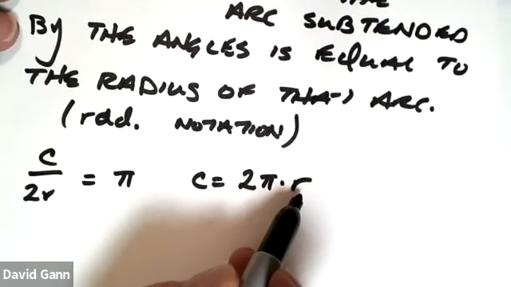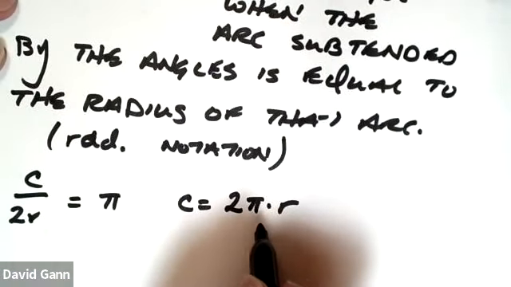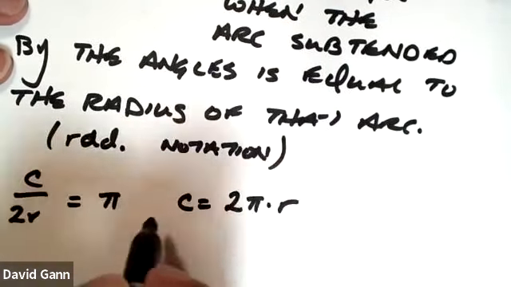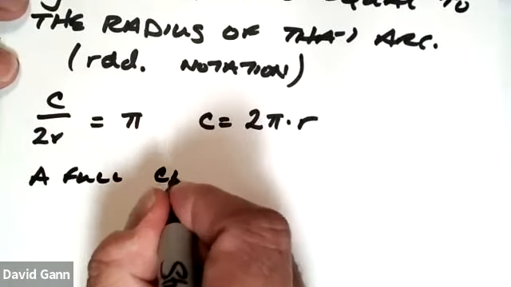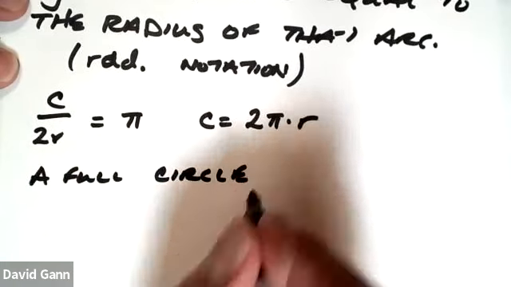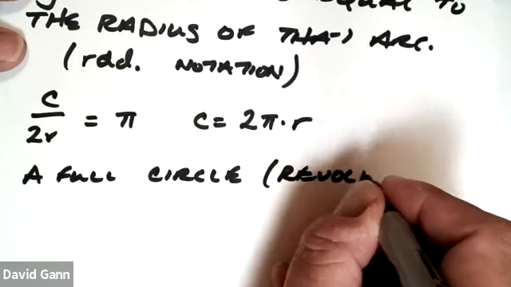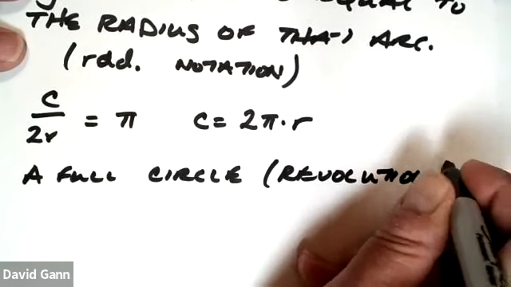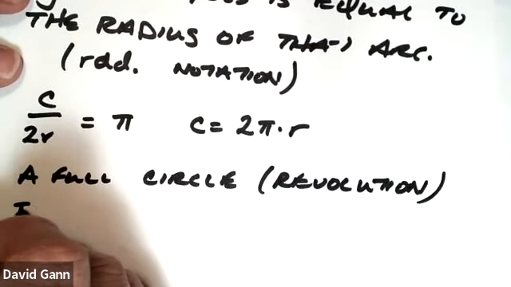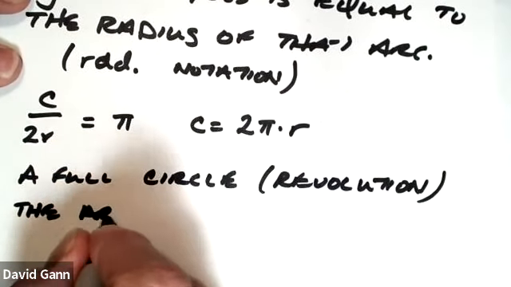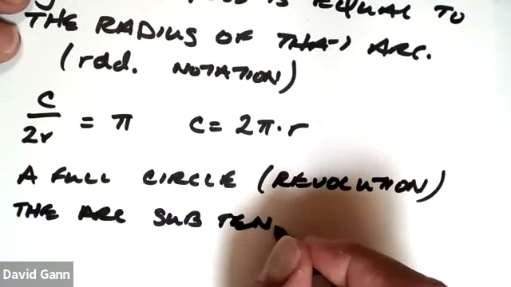Now note that because of the way that this radian is defined, a full circle, or a full revolution, the arc subtended is the circumference.